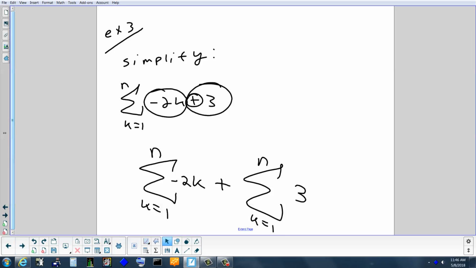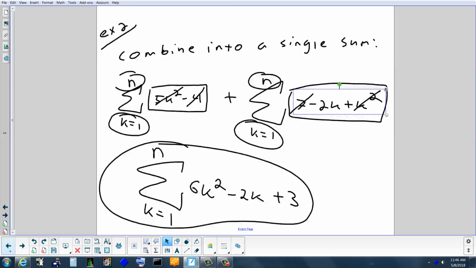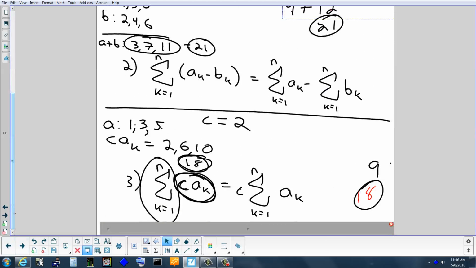All right. Next thing. I have a number right there in that spot. Go back and look at the third rule. When you have a number in that spot, where are you allowed to move it? To the outside.